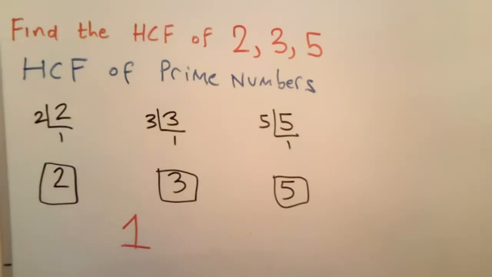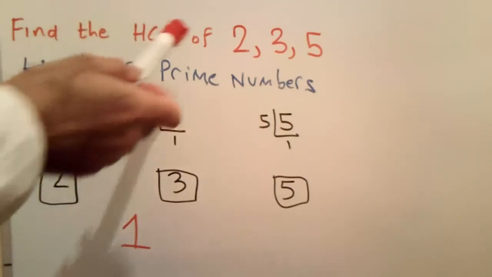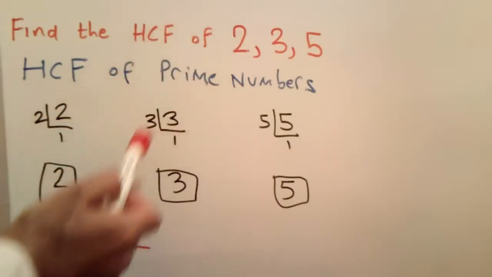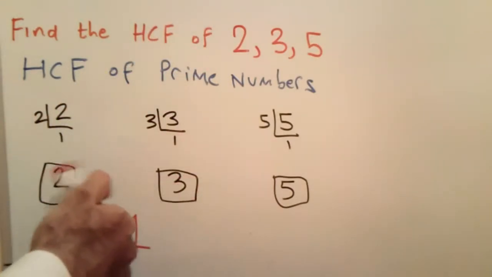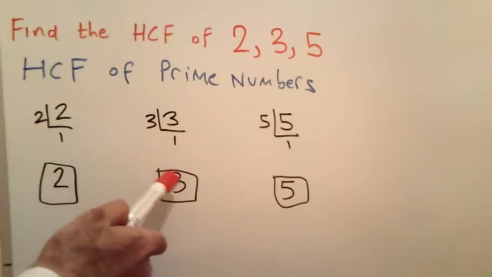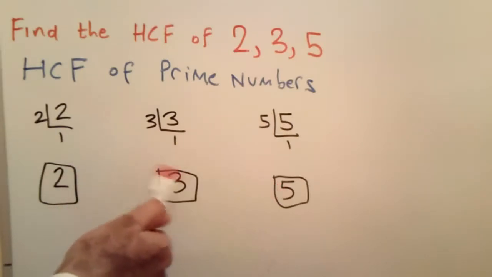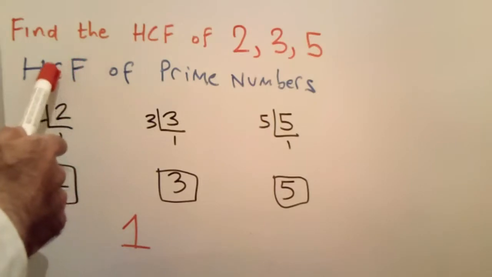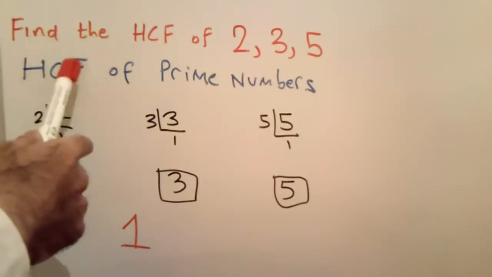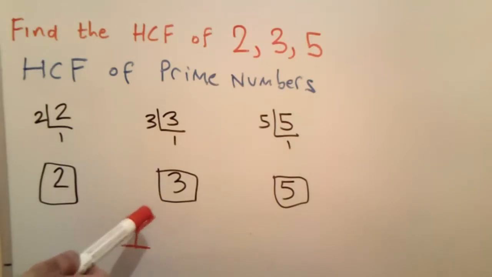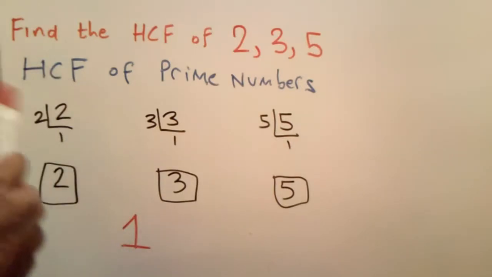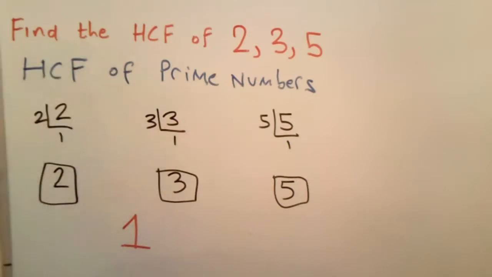So basically that's it. Because the prime numbers, they won't have any other common prime factor. We can just say when we have to find the highest common factor of prime numbers, it's just going to be 1. So it's just similar to the example we did before, but those weren't prime numbers.